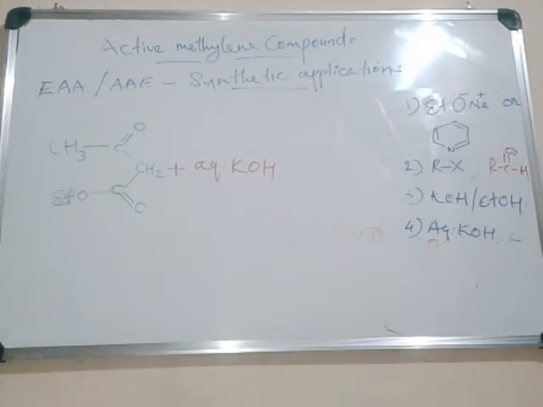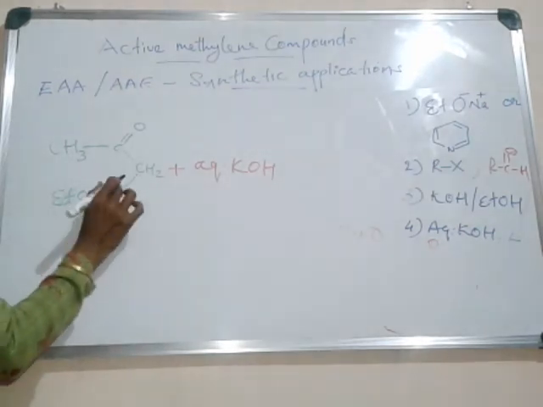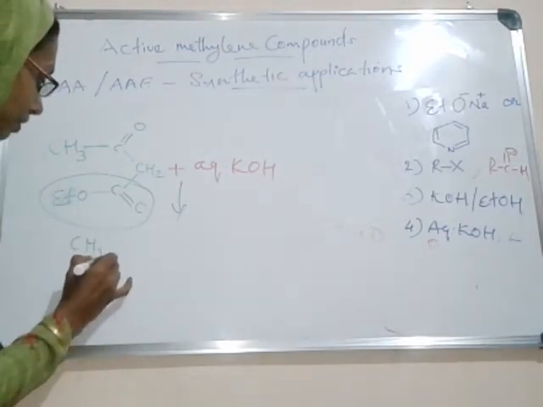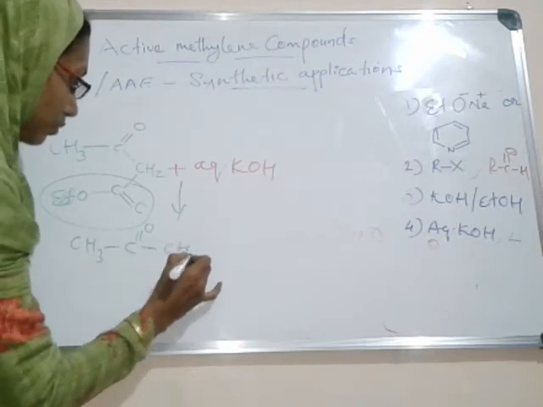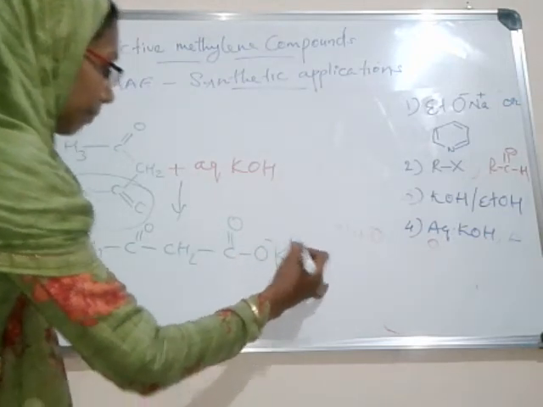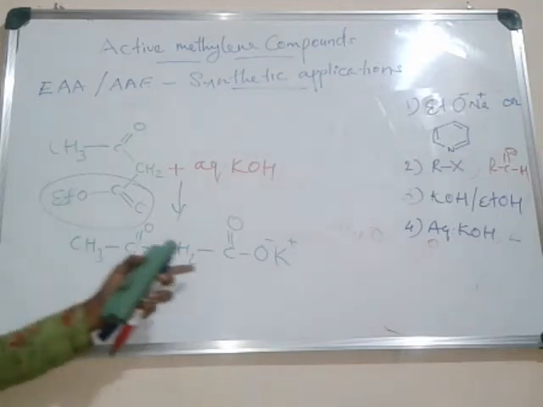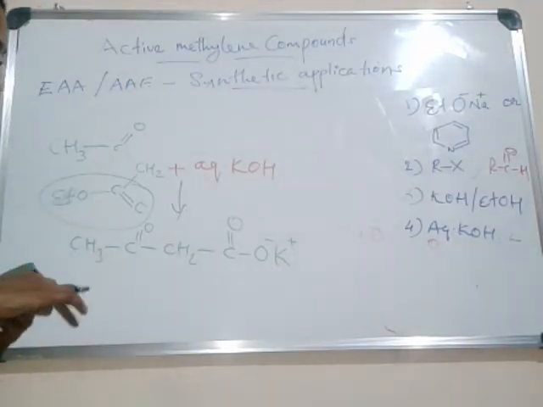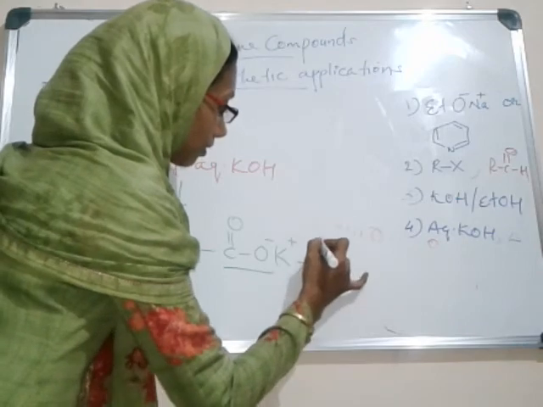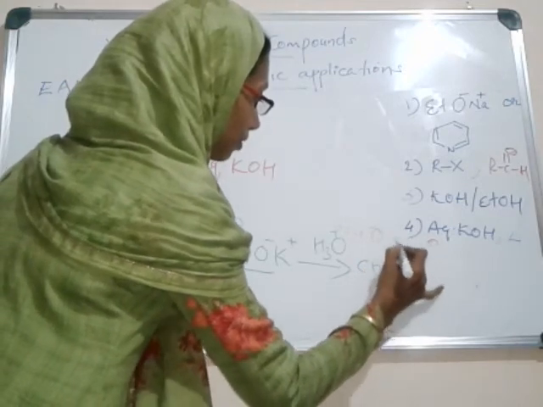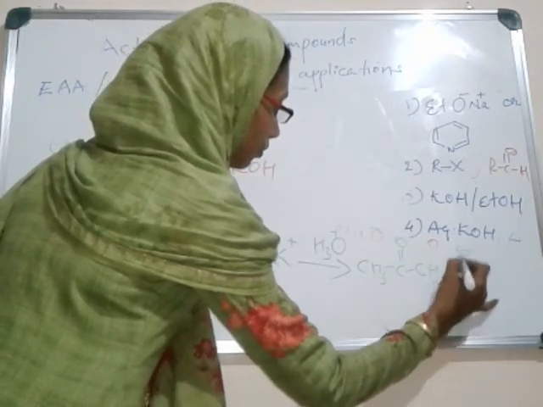When we use aqueous KOH, only the ester group is hydrolyzed, and we get CH3-C(=O)-CH2-C(=O)-O⁻ K⁺, the potassium salt of acetoacetic acid. It undergoes acid hydrolysis and we get the corresponding acid CH3-C(=O)-CH2-C(=O)-OH.